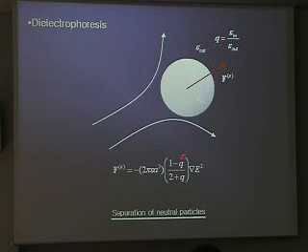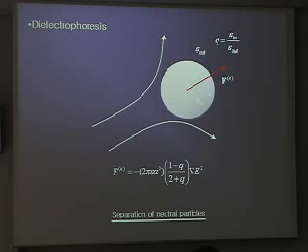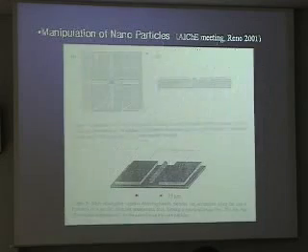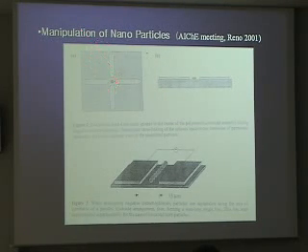So if Q is larger than 1, then the electric force direction is to the increasing direction. Okay, in that case, we call it positive dielectrophoresis. And on the other hand, if this one is less than 1, then the particle is trying to go to the lower electric field direction. In that case, we call it negative dielectrophoresis. So actually, they use the negative dielectrophoretic force.